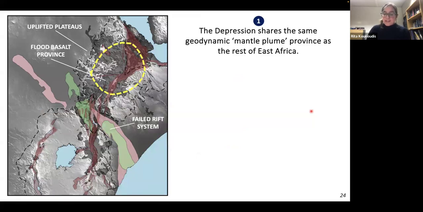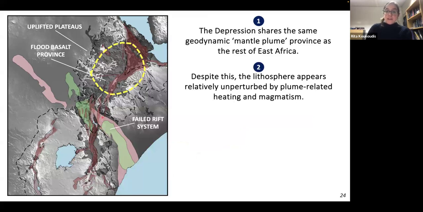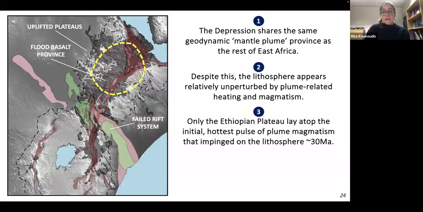So to summarize, I guess the main takeaway from this talk is that pretty much the whole of East Africa is underlain by a mantle plume, the depression included. But despite this, the Turkana Depression doesn't look to have been as magmatically and thermally modified as the Ethiopian Plateau to the north, despite having this thinned lithosphere as well.